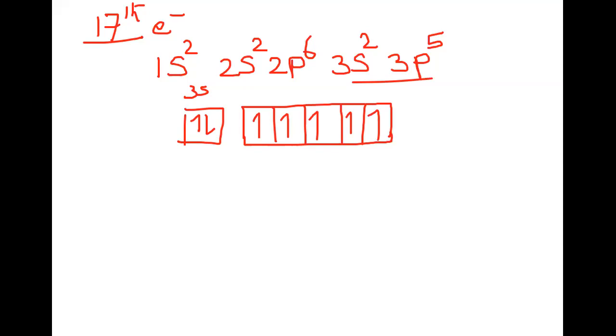No, not in this case. But if this is 3p5, so this is the 17th electron. Counting till here 12, 13, 14, 15, 16, and this is the 17th electron. I have to write its electronic configuration.